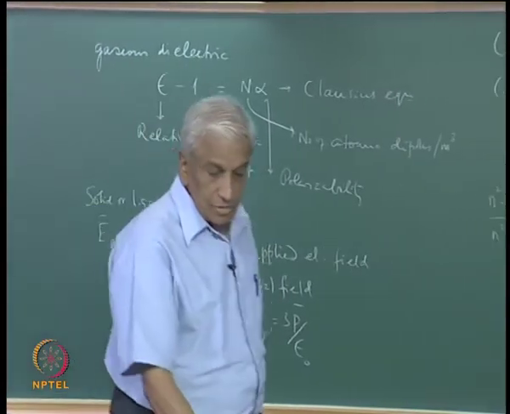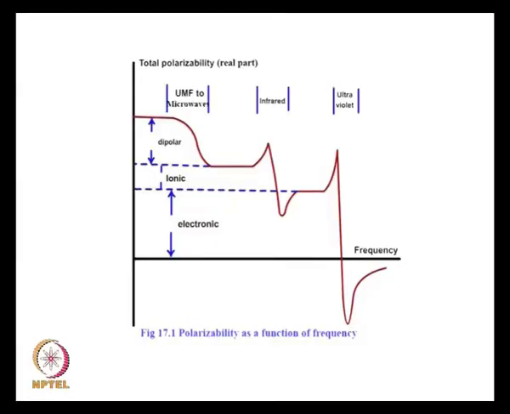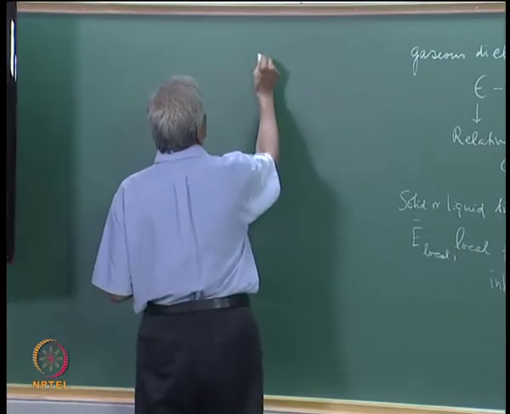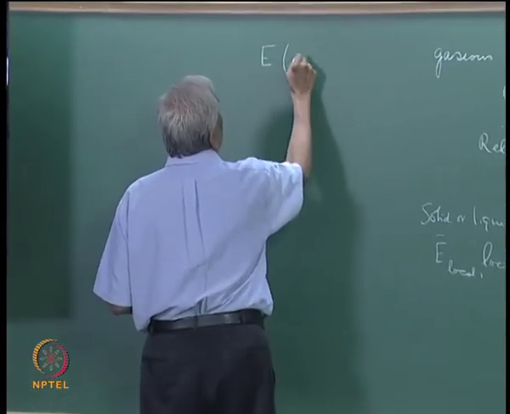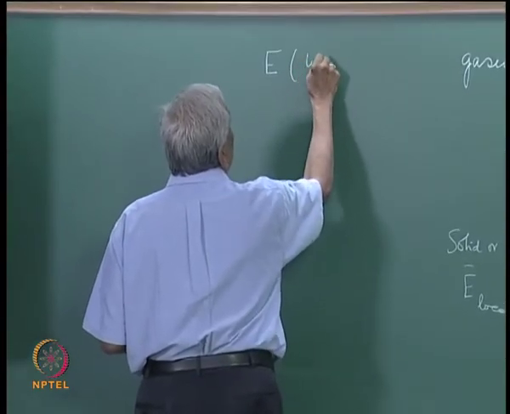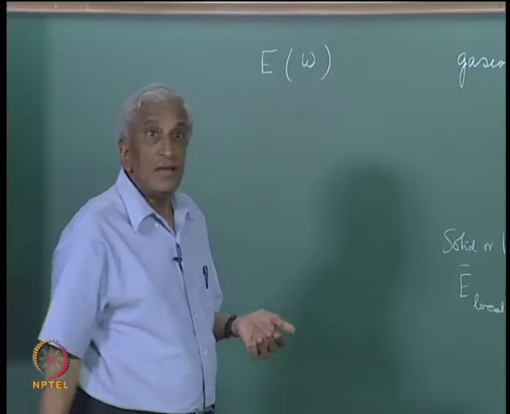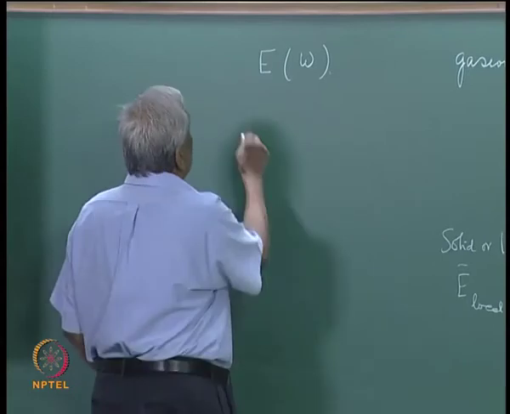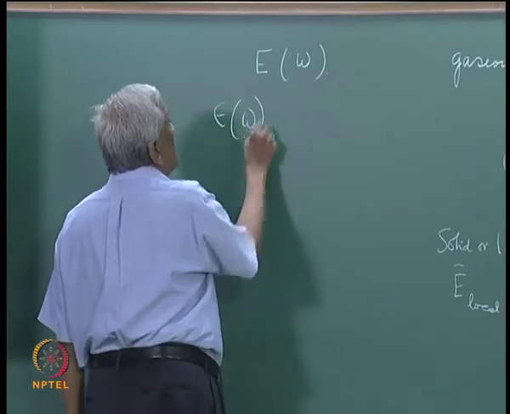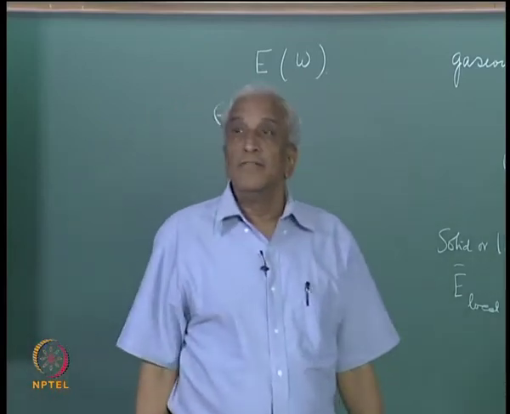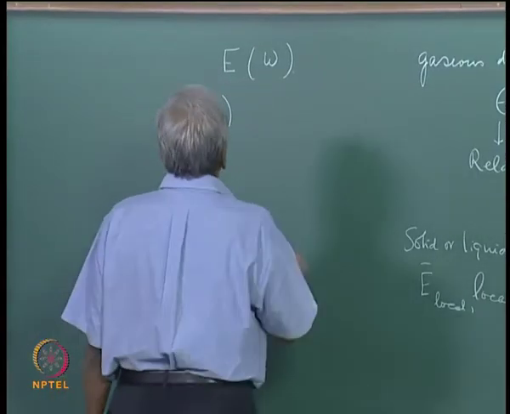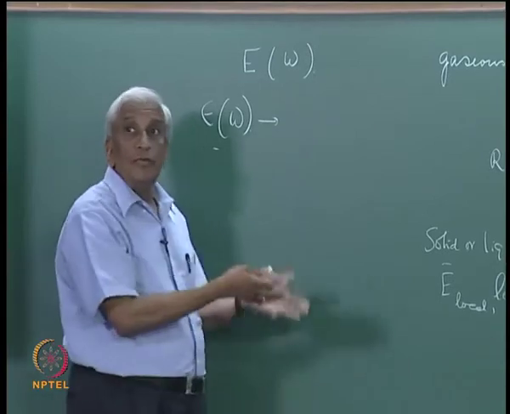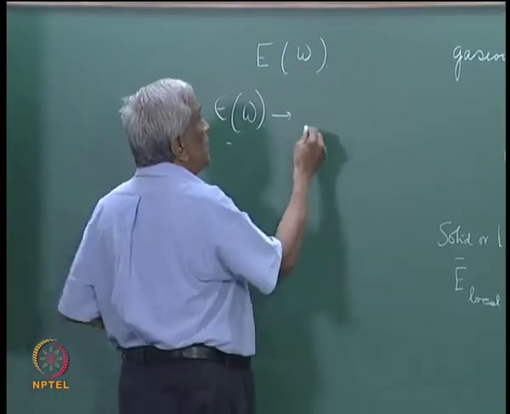So, this is the overall situation, and we also saw how when we go from the static to the dynamic situation where the applied field is a function of omega, the frequency, so it is an alternating field, for example an AC field, then you have the frequency dependent dielectric constant, which is basically because of the polarization of various entities in the medium.